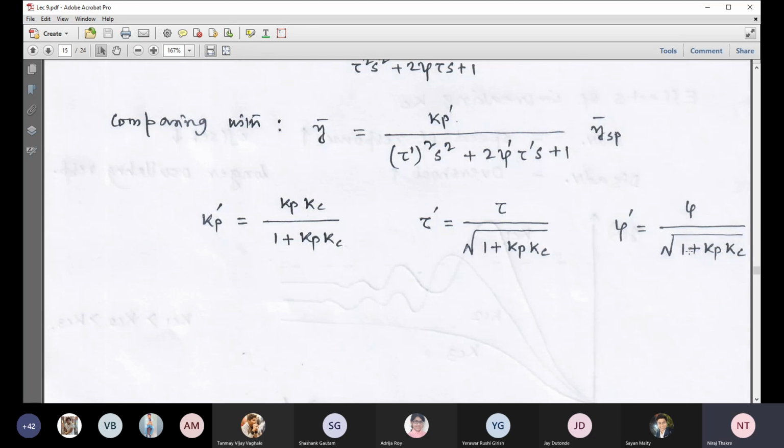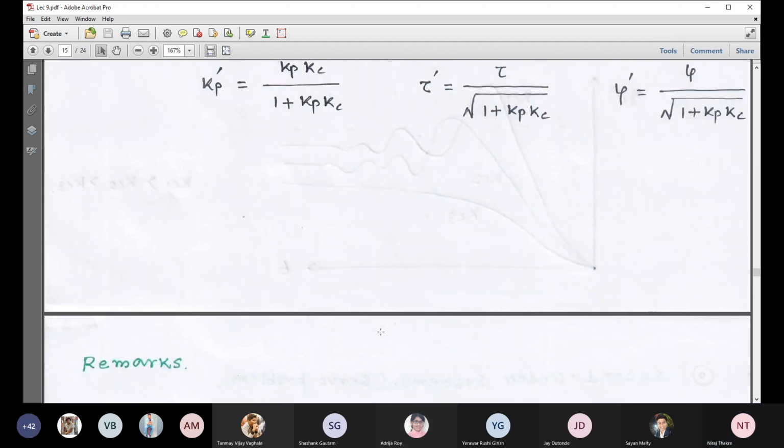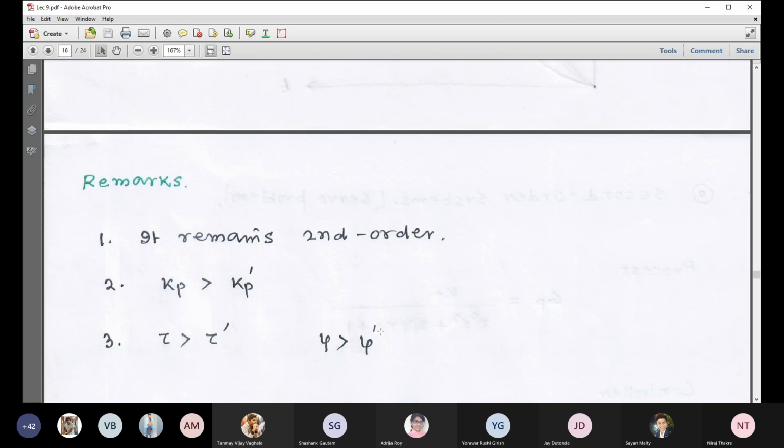I have told it for the first order process; now you find the physical significance of this. The second remark is quite clear; it is the same as the first remark for the first order system. Only you need to find the physical explanation, or you will have the physical explanation for the third remark.